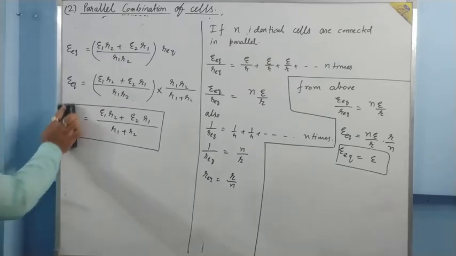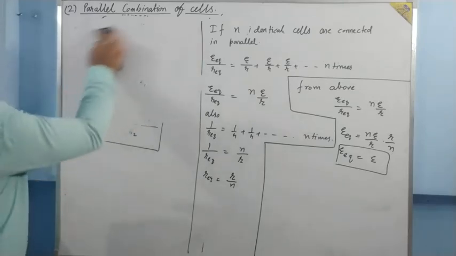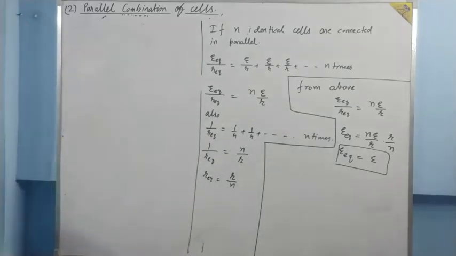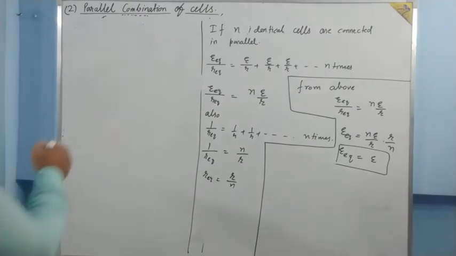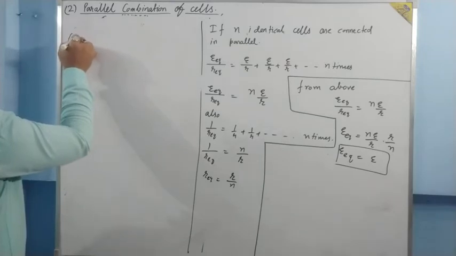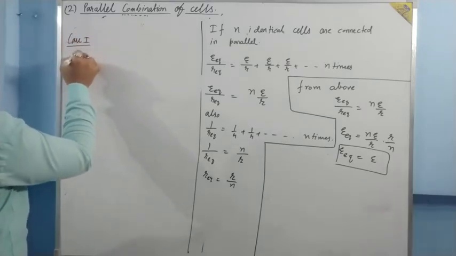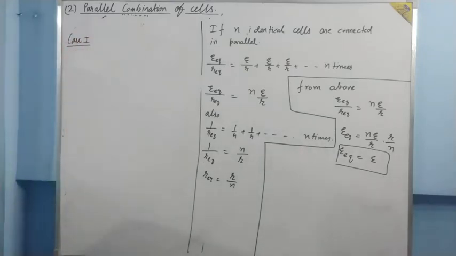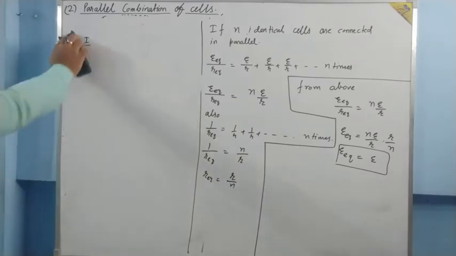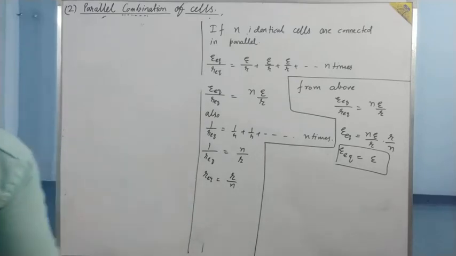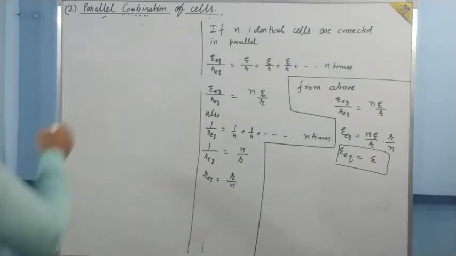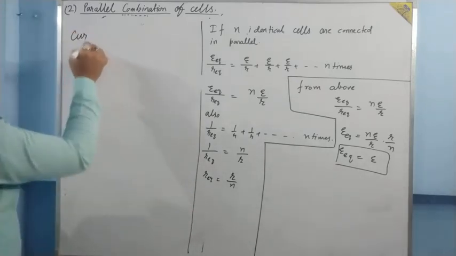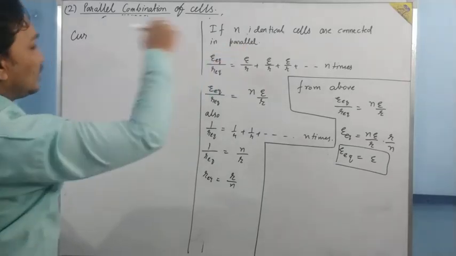Now, again there are two cases. Let us discuss the cases also. Case 1. Let us try to find out first of all the current, then only we can apply the case. Current flowing in the circuit will be, I am talking about identical cells only.